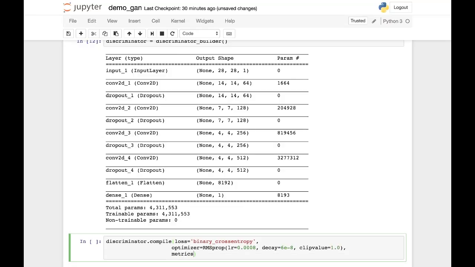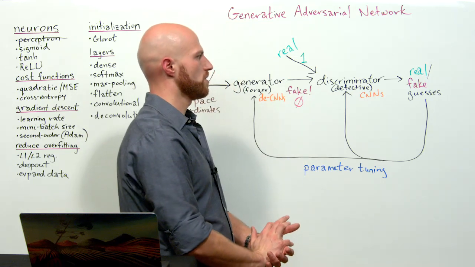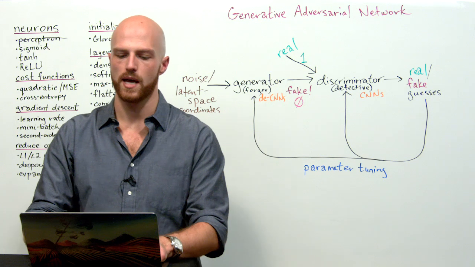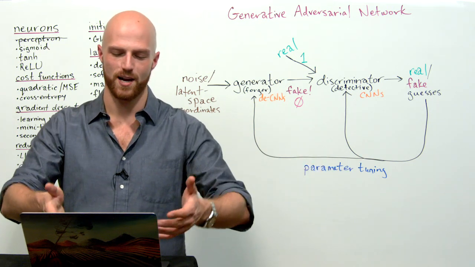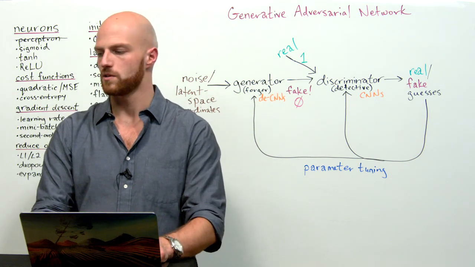And finally, we're going to output accuracy, the percentage of images that are correctly classified as real or fake. It doesn't really matter to the learning algorithm, but as humans, it's nice to see how accuracy is performing over time. It's something that means a lot to us.